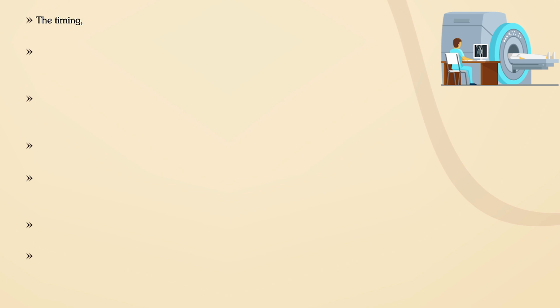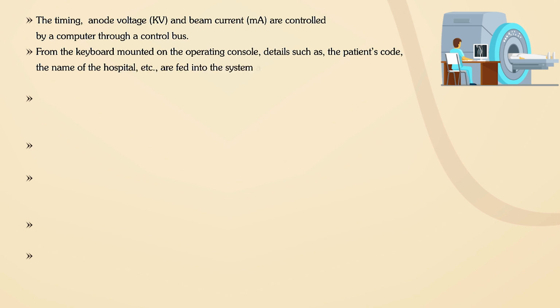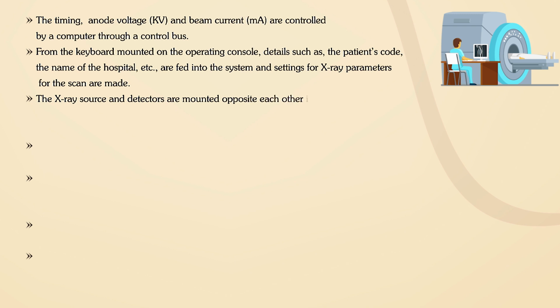The timing, anode voltage kV and beam current milliampere are controlled by a computer through a control bus. From the keyboard mounted on the operating console, details such as the patient's code, the name of the hospital, etc., are fed into the system, and settings for X-ray parameters for the scan are made.